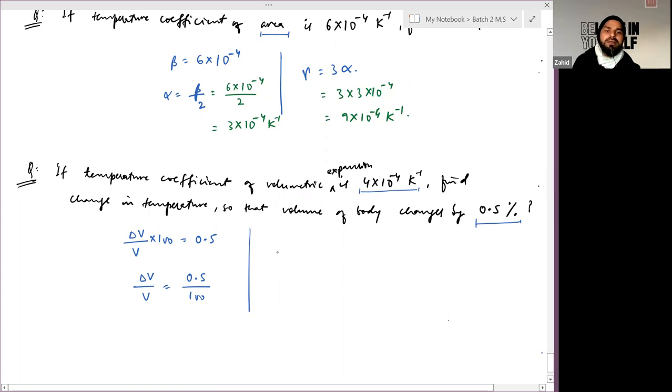So you may write gamma equals delta V divided by V times delta T. Since we have to calculate delta T, move it to left side and the rest of the quantity towards the right side. So just put the value of this part and this part and simplify it.